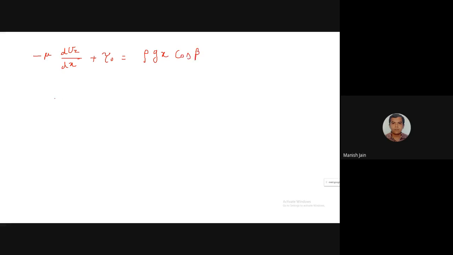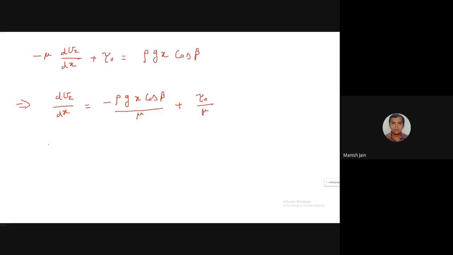Just rearrange this equation, you will get dvz by dx equal to minus rho g x cos beta divided by mu plus tau naught divided by mu.